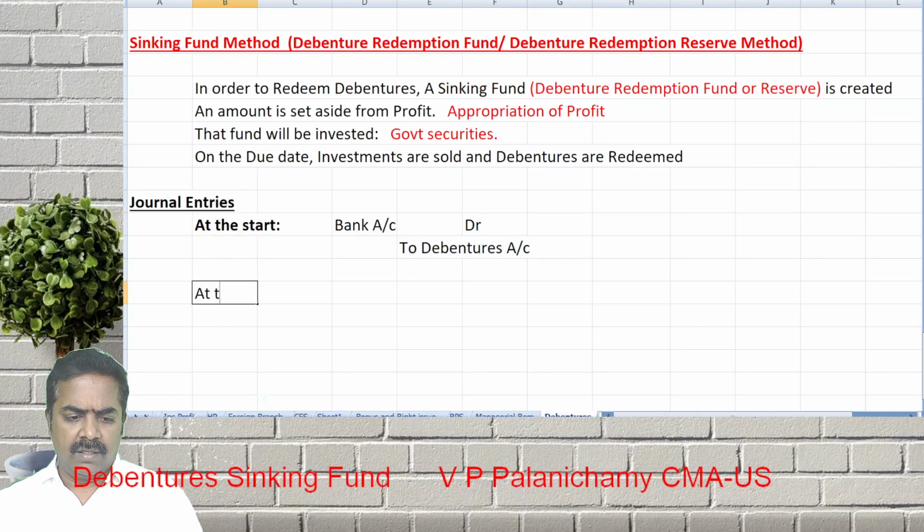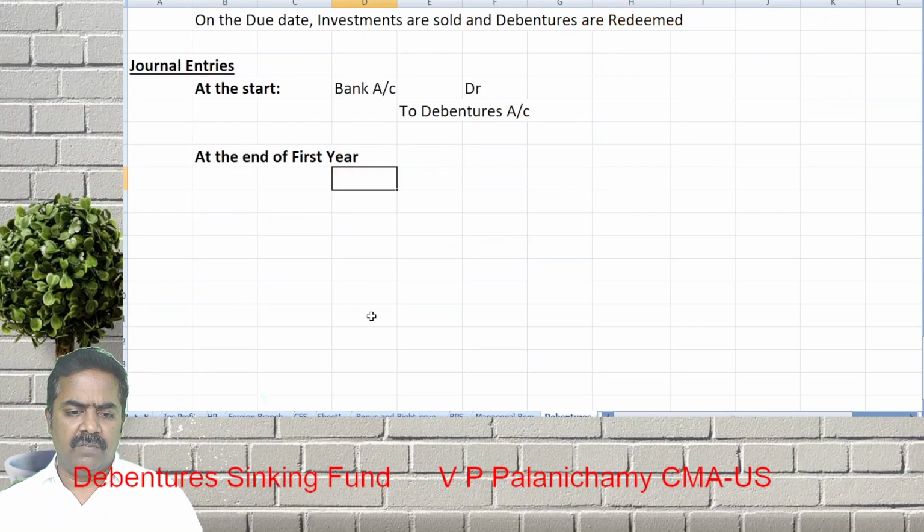Then at the end of the first year, we prepare the P&L account. From the P&L we appropriate profit. Journal entry: Profit and loss appropriation account debit to Sinking fund account.